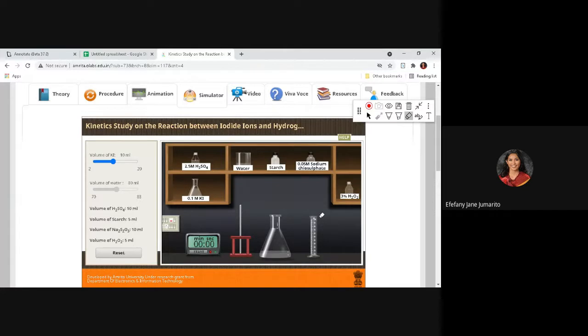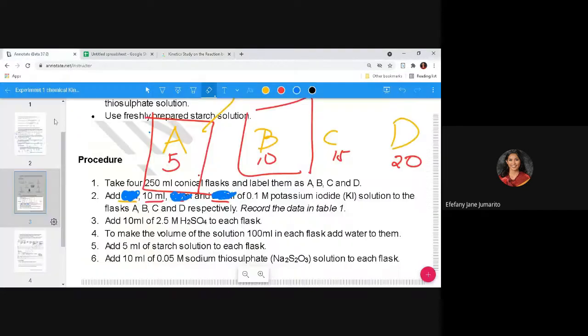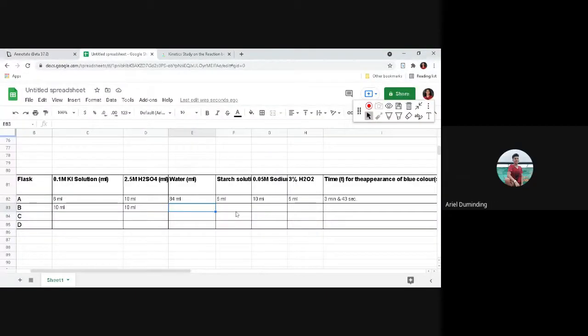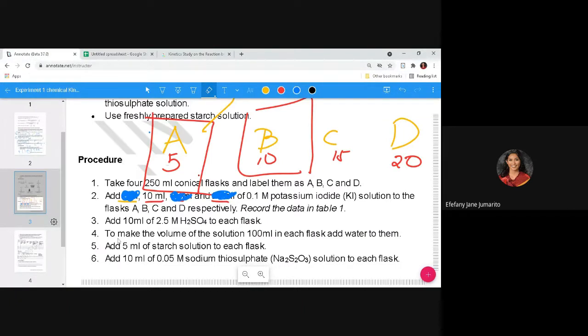After that one, class, sunod. Okay, procedure 4, then we have procedure 5. Okay, let's write 80 ml of water. Then, what about the starch? 5 ml. Procedure 5 na to, no?